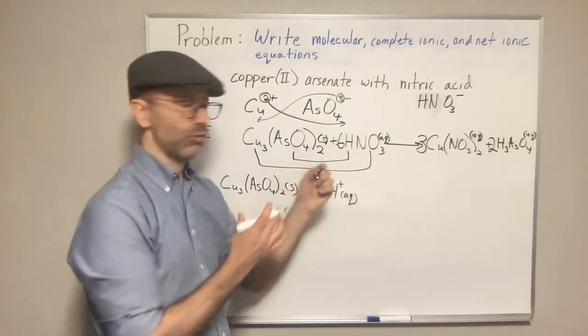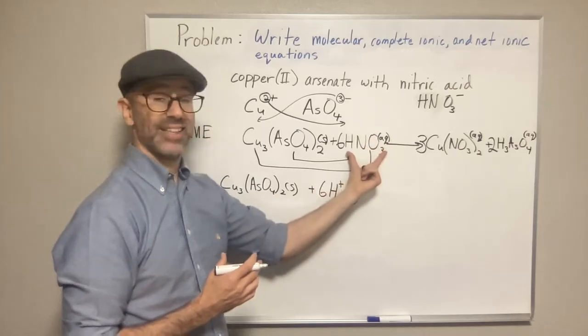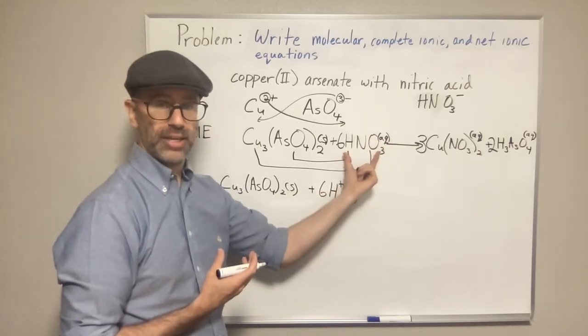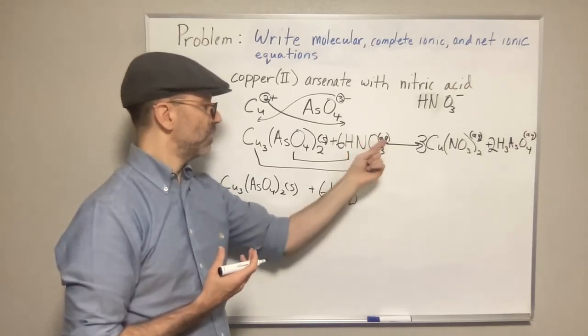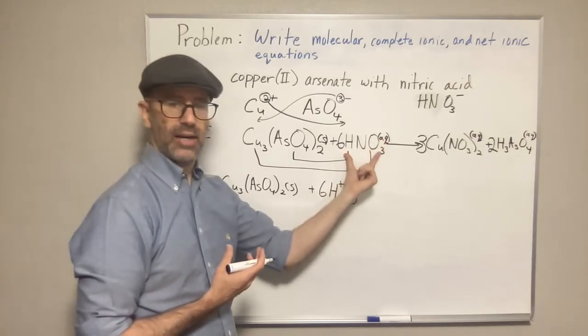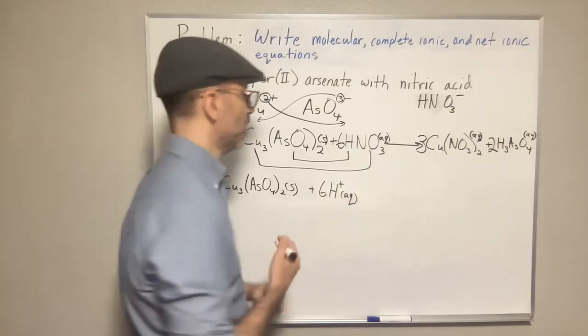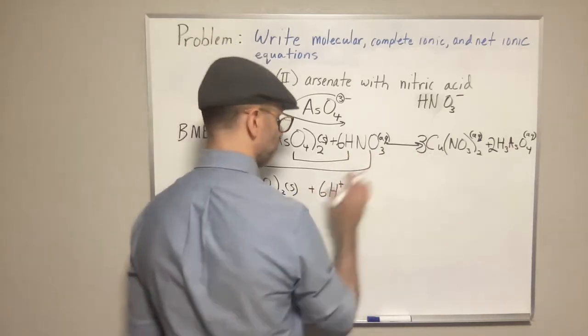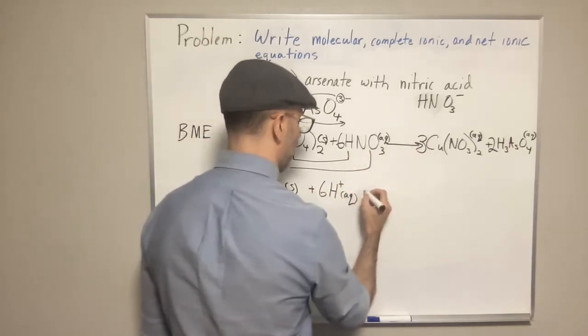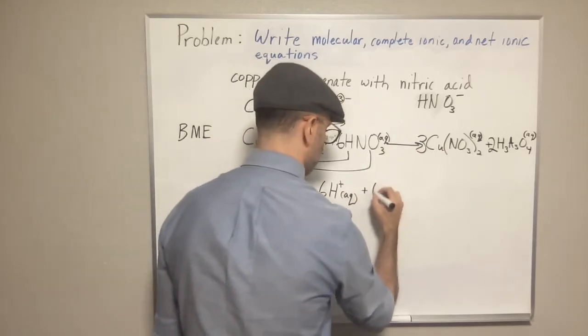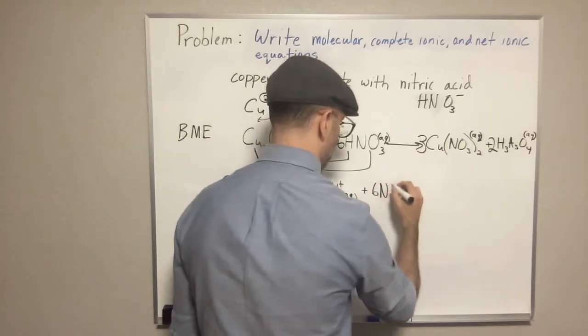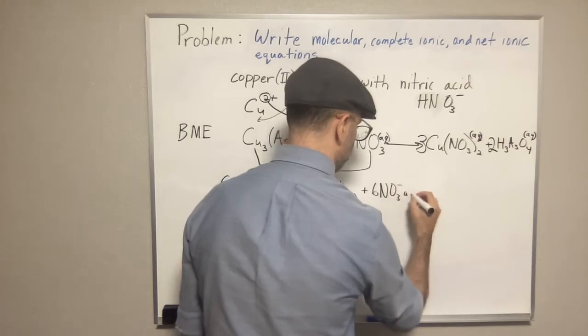If this was not aqueous, if this was like liquid, then that would definitely not be an ionic substance. But since it's aqueous, these are not together in a molecule, so they would be ions in this case. So now we have the NO3, so we're going to add plus 6 NO3 minus aqueous.